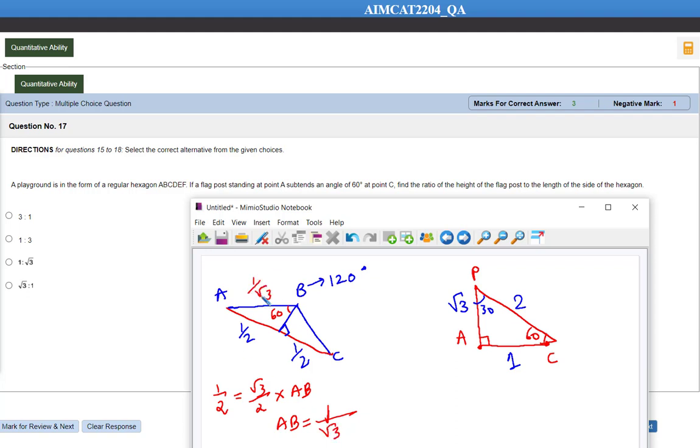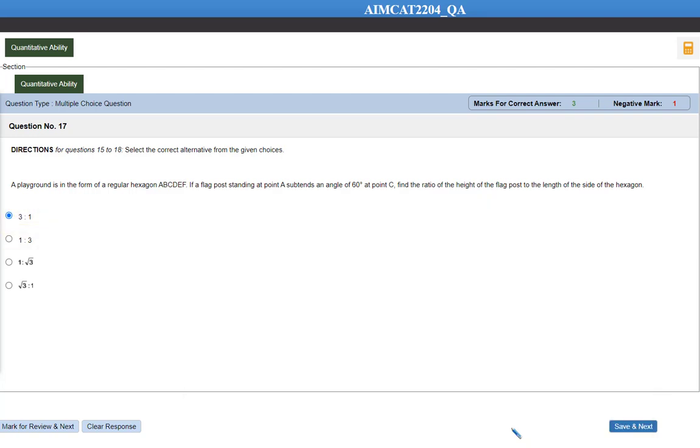We are supposed to find the ratio of the height of the flag post, PA, which is root 3, to the side of the hexagon AB, which is 1 by root 3. So the answer is going to be 3 divided by 1. Let's mark 3 divided by 1 and move ahead.